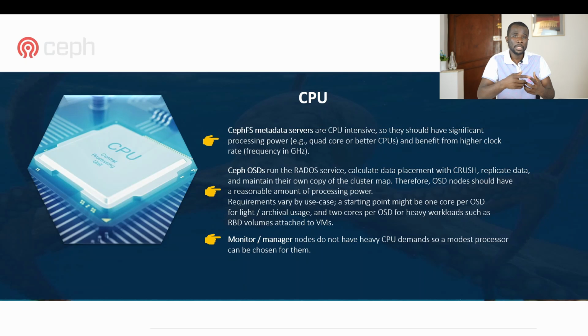And our Ceph OSD daemon also should perform the workload of rebalancing, the self-rebalancing or self-healing action inside the cluster. So all those tasks are a high CPU workload.